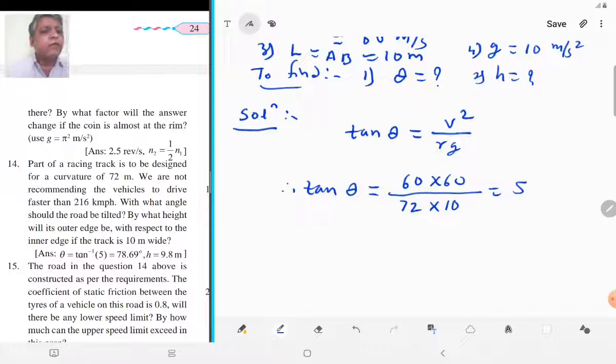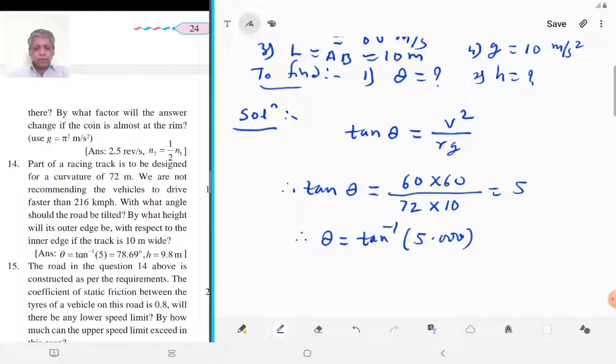Therefore theta is equal to tan inverse of 5.000. Now by using the natural tangent tables, we can find out the angle, tan inverse of 5.